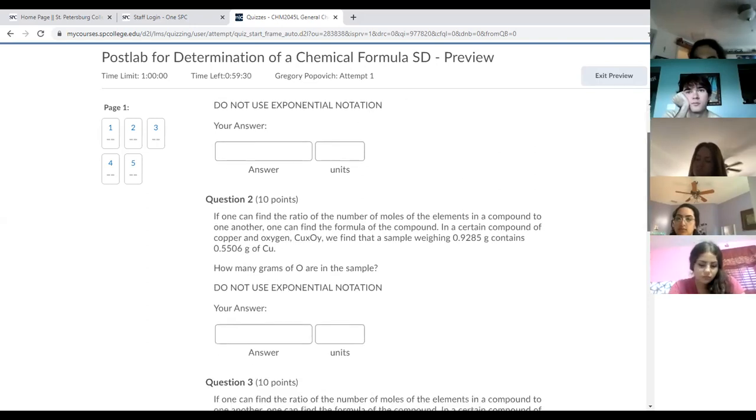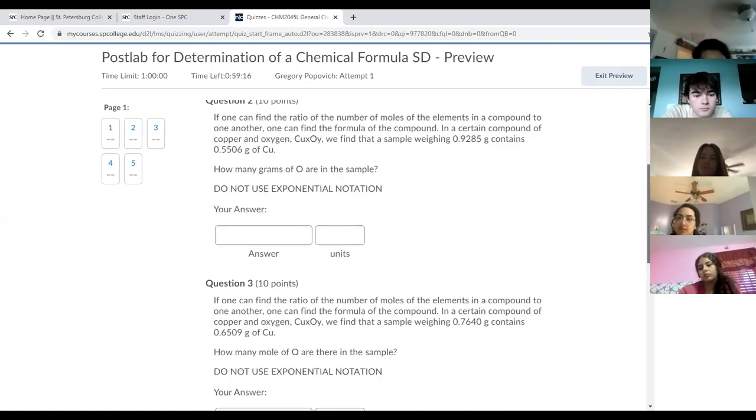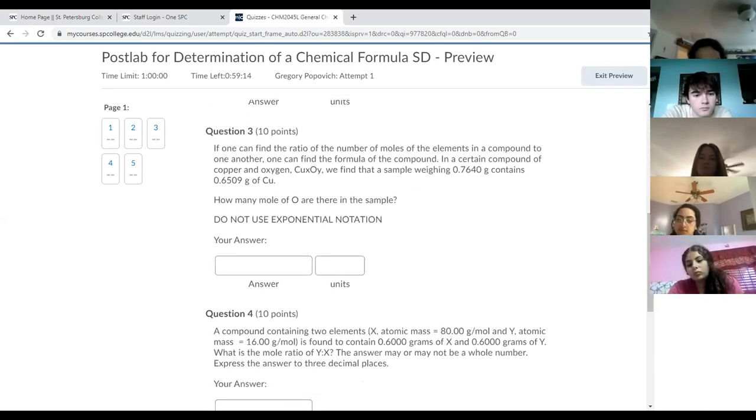You have copper and oxygen, only copper and oxygen. A sample that weighs that much contains that much copper. How many grams of oxygen are in the sample? Okay, you have that much copper, that much oxygen. How many moles of oxygen?